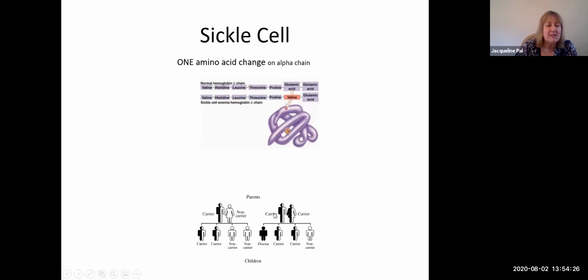Now the problem starts coming into being if two individuals who are carriers have children. Each of them could donate their normal hemoglobin and have a normal child. Or one could donate normal hemoglobin and one could donate the sickle cell hemoglobin, in which case you would have a child with the trait.